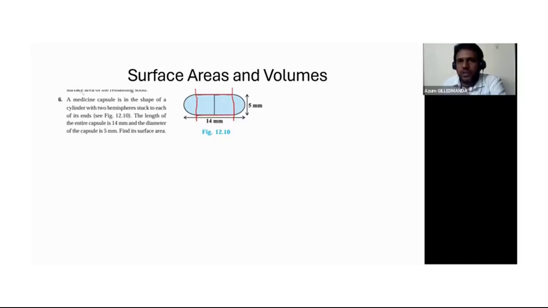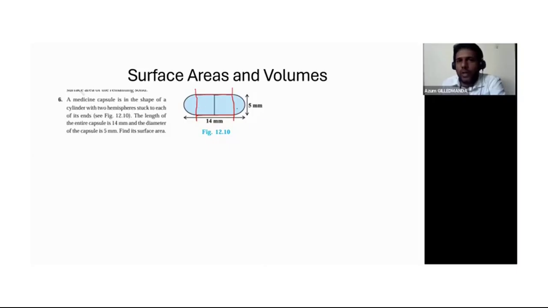You understood? The middle portion is a cylinder, and each side is a hemisphere, means half sphere. And here the lengths are given. The length of the entire capsule is 14 mm, and the diameter of the capsule is 5.